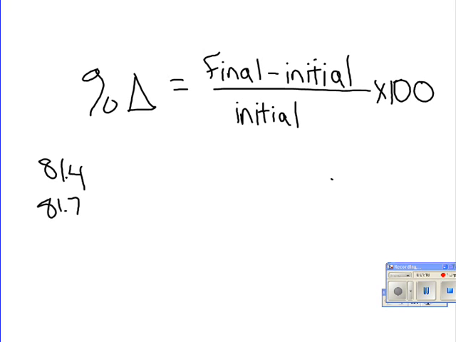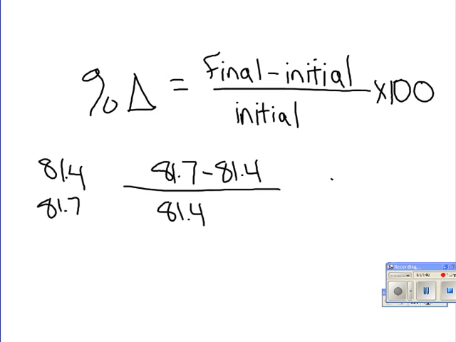If I want to find out the percent change at 10 minutes, I'm going to take the final, which was my 81.7, subtract the initial, which is 81.4. I'm working through one problem here. I'm going to divide by the initial mass again, so that was 81.4, and I'm going to multiply that by 100. Okay? So that's how I'd set up that problem.